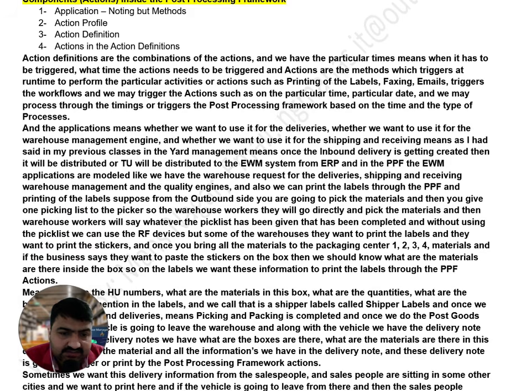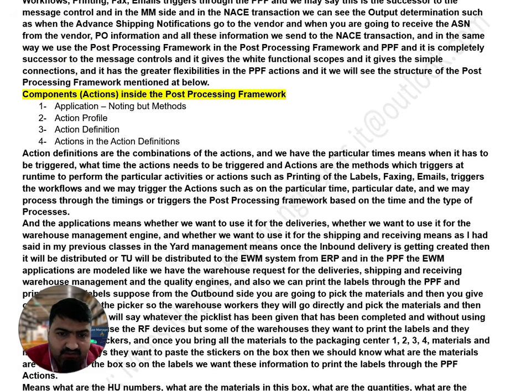Now we will see here, action definitions are the combination of the actions, and we have the particular time, meaning when it has to be triggered, what time the action needs to be triggered. Actions are the methods which trigger runtime to perform particular activities such as printing labels, faxing, emails, and triggering the workflow.